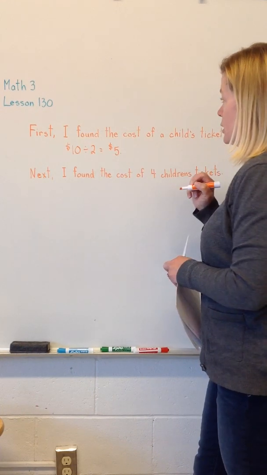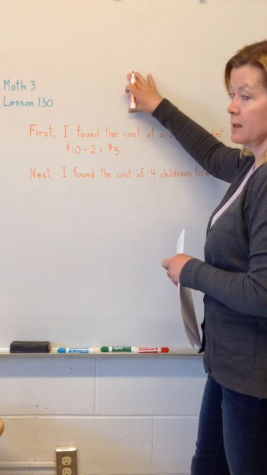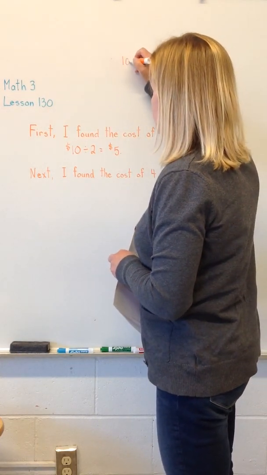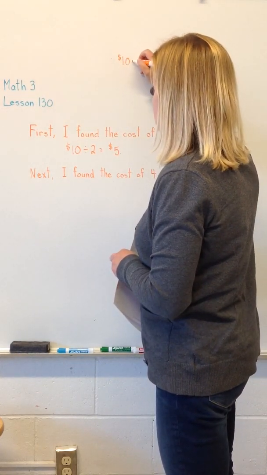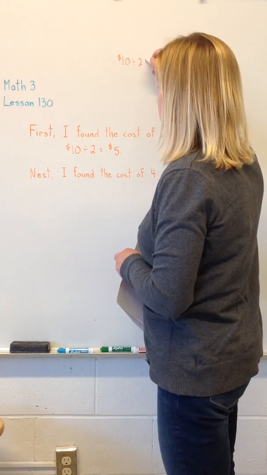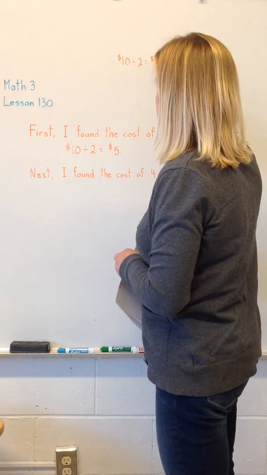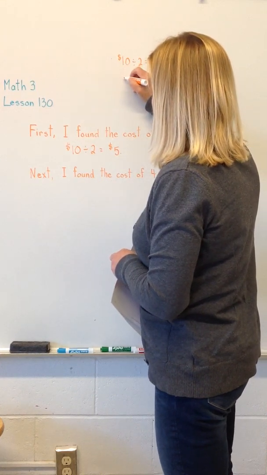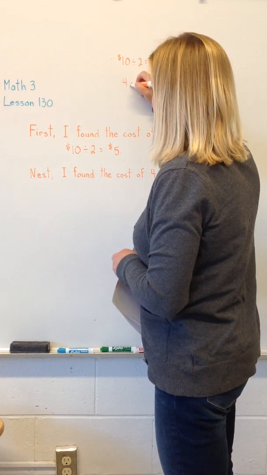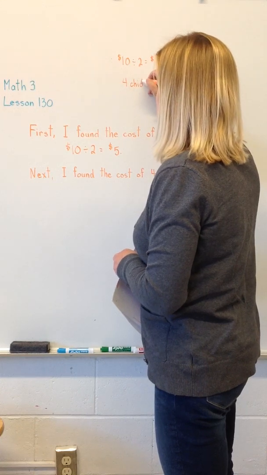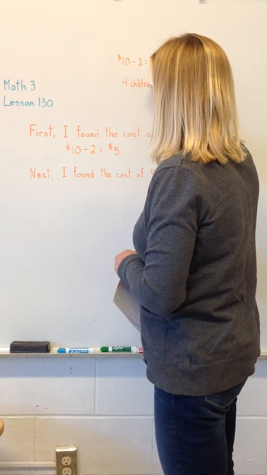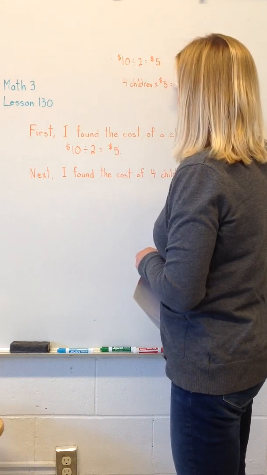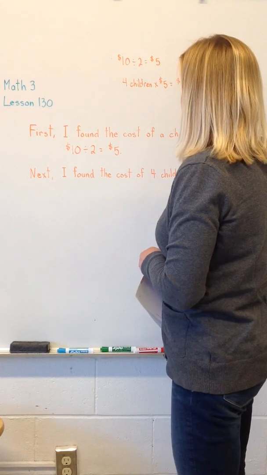You know what I forgot to do? I forgot to use this as my workspace. So remember, in our workspace, we're doing our number sentences. So there's our 10 divided by 2 equals $5. So next I'm going to show this. So remember, there are 4 children multiplied by the $5, so this equals $20.